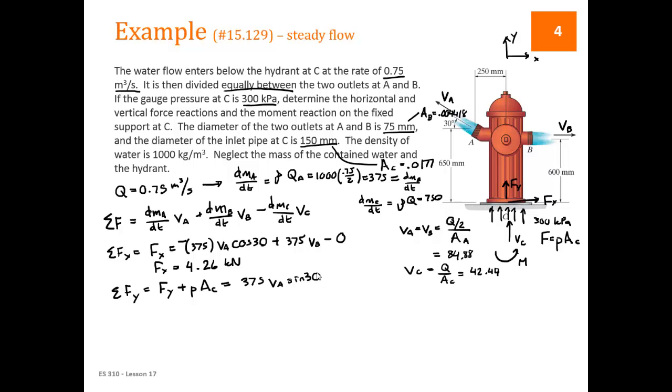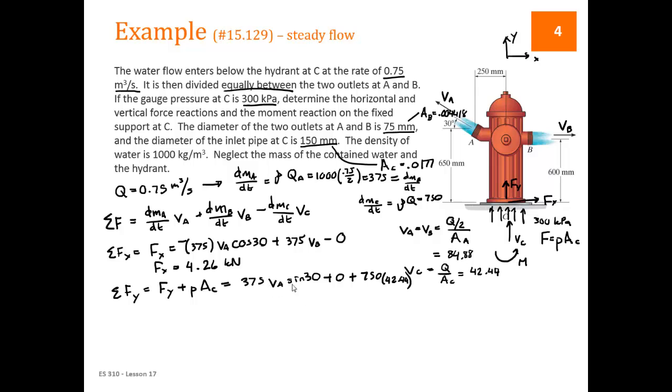In the B direction, there is no y, so plus 0. And in the C direction, all of C is in the y direction, so we get plus dmC/dt, which is 750, times VC, which is 42.44.